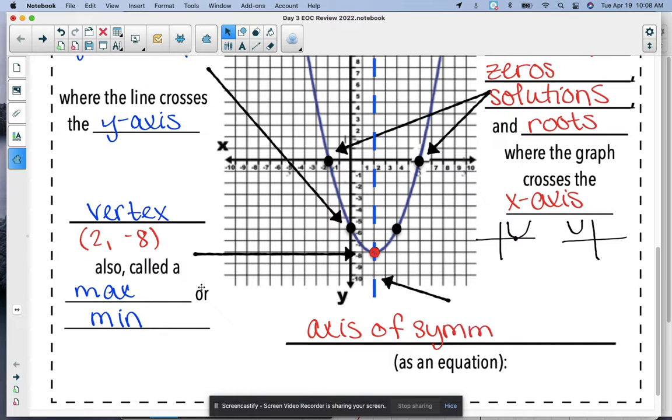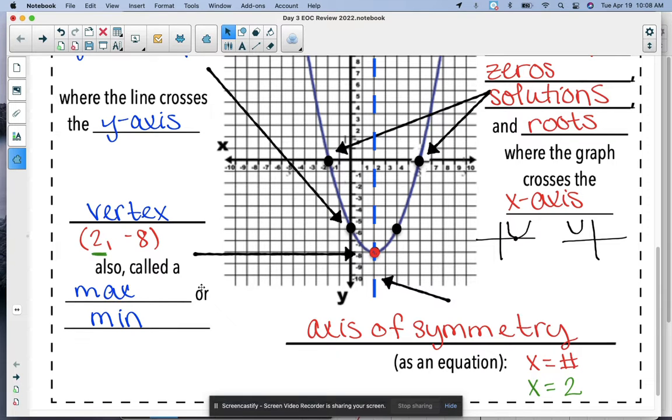And we will always write the axis of symmetry as an equation, which is x equals some number. So the way that this is related to the vertex is that it goes through the x value. So my axis of symmetry for this graph would be x equals 2, because again, I went through 2 on this graph.